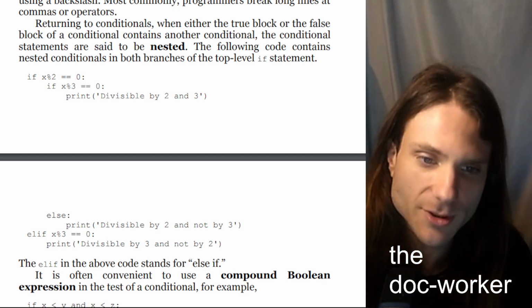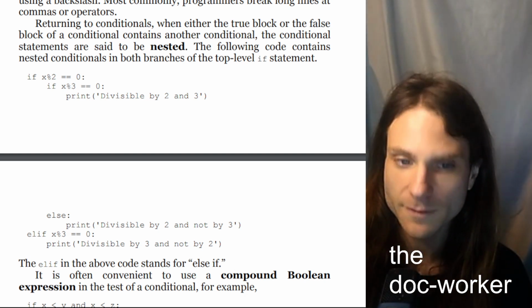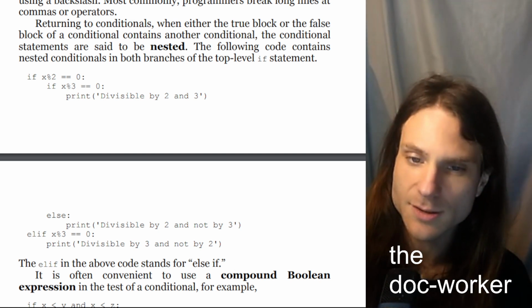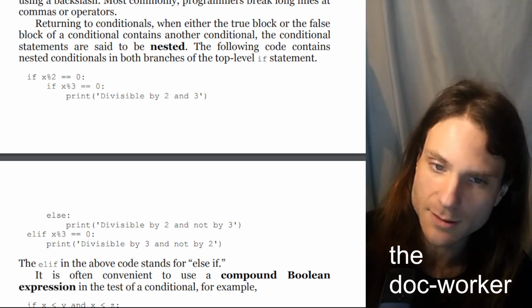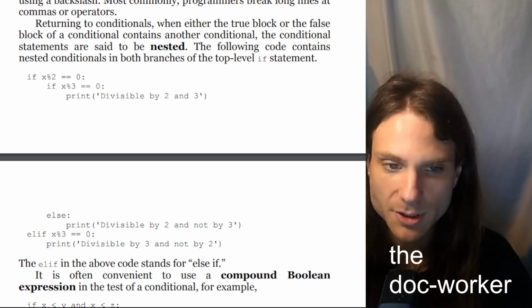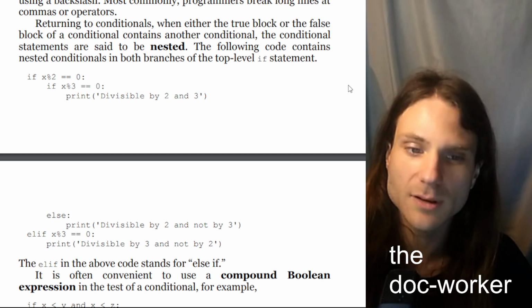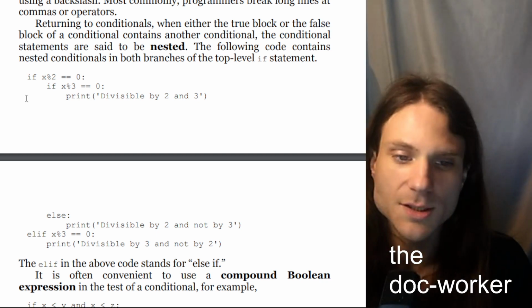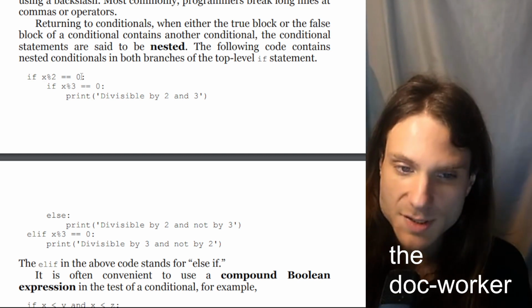Returning to conditionals: when either the true block or the false block of a conditional contains another conditional, the conditional statements are said to be nested. The following code contains nested conditionals in both branches of the top-level if statement. Check if x modulo 2 is equal to 0.